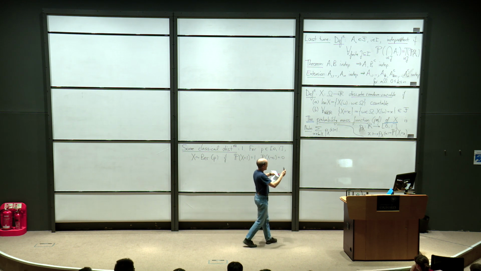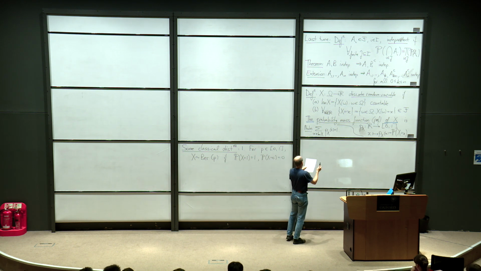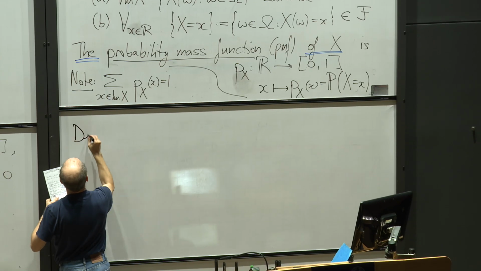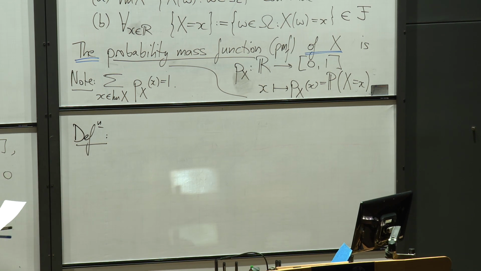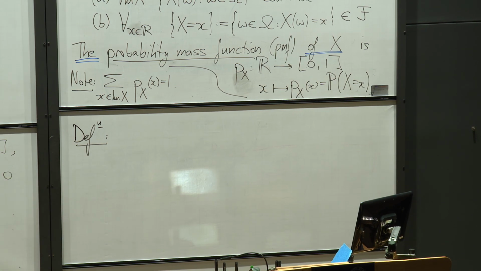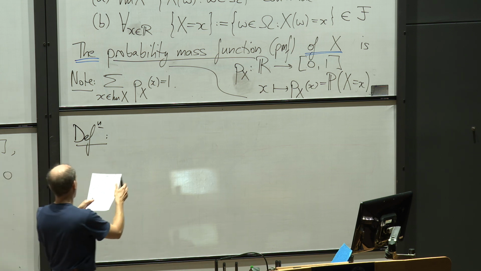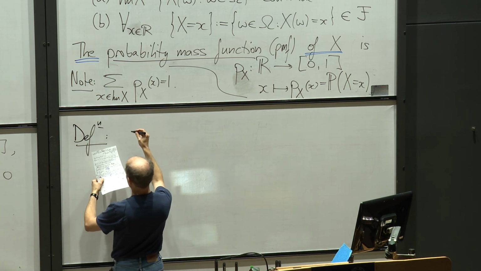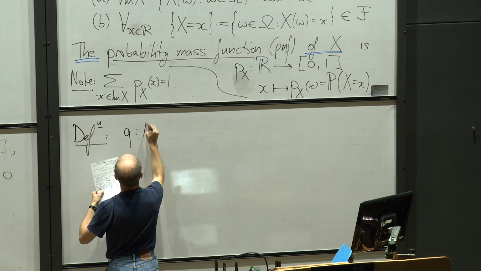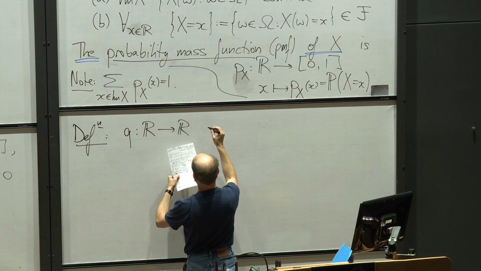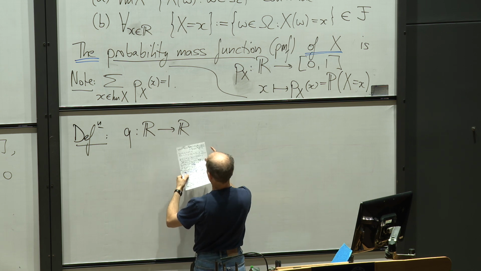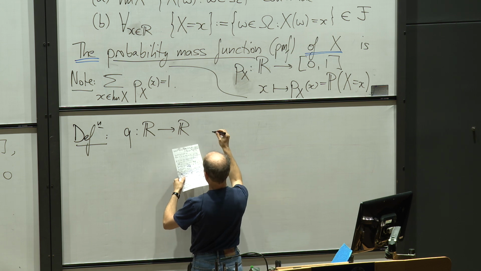There is now a natural notion that we can define, which is the definition of a probability mass function without there being a priori a random variable whose probability mass function this is. So we can just look more abstractly at functions from R into R, and then we can put down some conditions here.